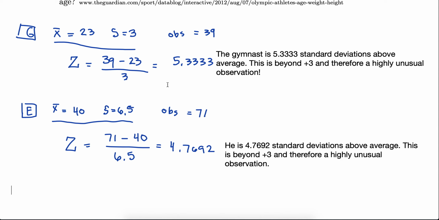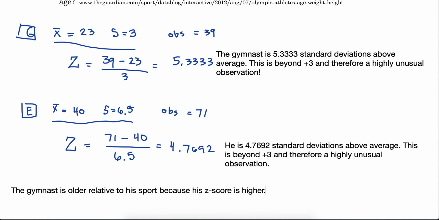So relative to the sport, the gymnast is the oldest because he is further above average for his sport. So I'll say the gymnast is older relative to his sport because his z-score is higher, meaning his age is further above average.